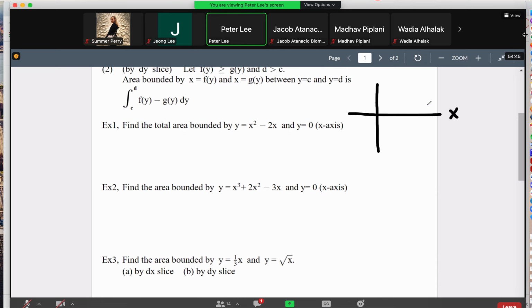This is the xy-plane, and let's graph this. y equals x squared minus 2x, which is obviously equal to x times (x minus 2), has two x-intercepts, and this is quadratic. So all of us know how the graph looks. The graph is going to look like this, at (0, 0), and here is the point (2, 0), and the graph is going to go like this.